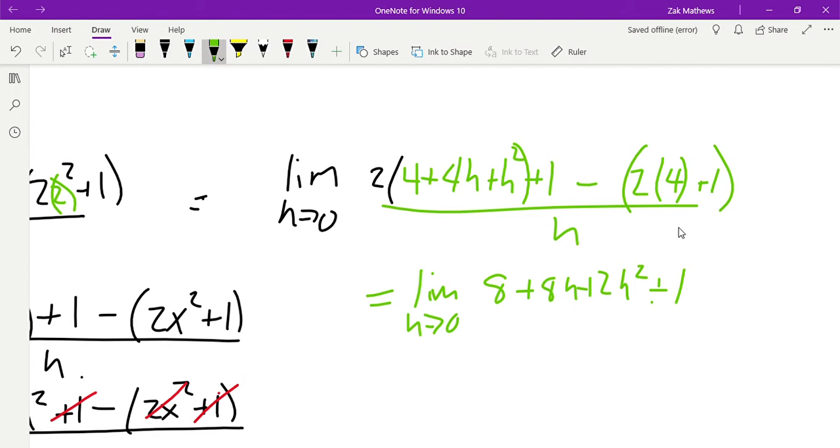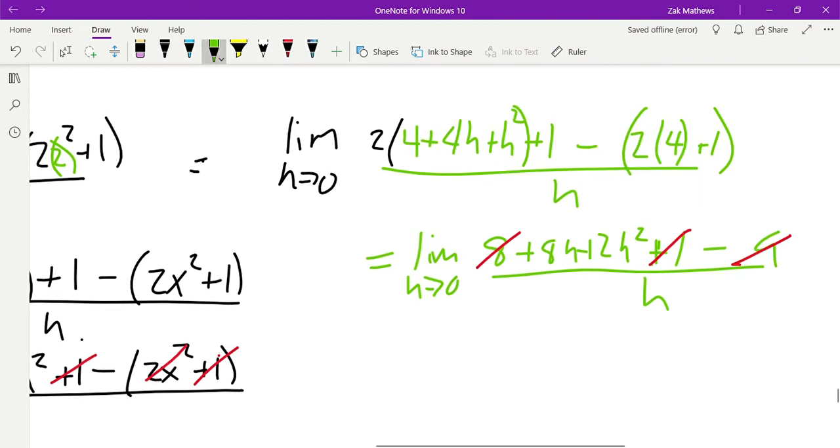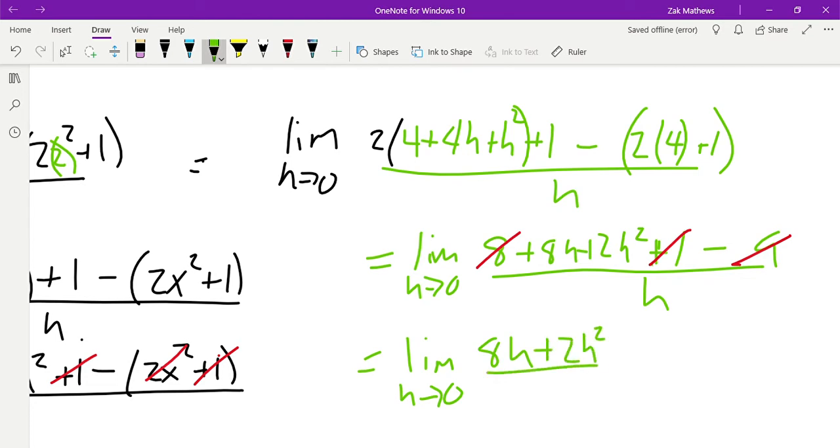If we want to simplify it, we can, or we can subtract first, doesn't matter, all over h. So what I notice is I have those squared terms and constant terms canceling with the f of x, same way we did before, it's just now we actually have numbers in those positions. And what I have left, I have the 8h plus 2h squared over h.